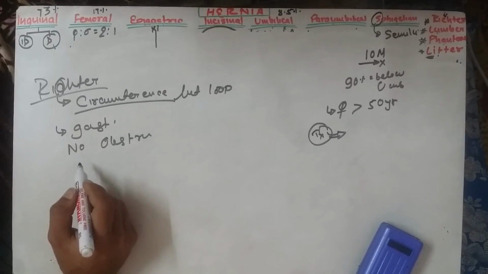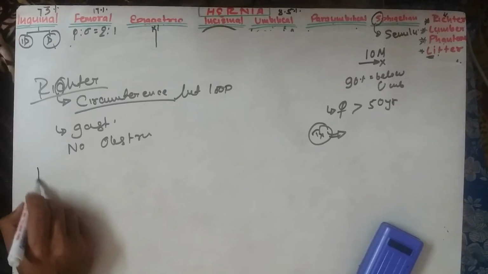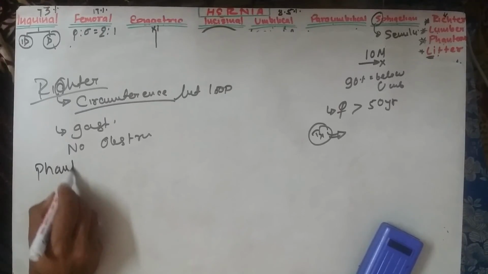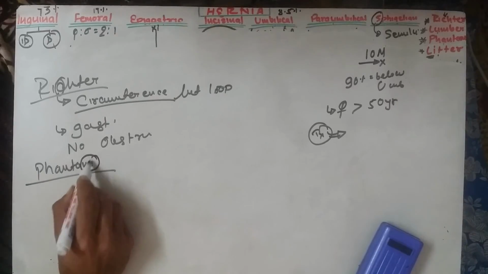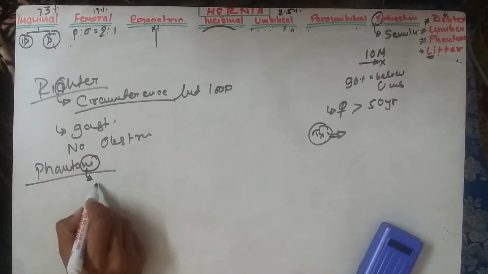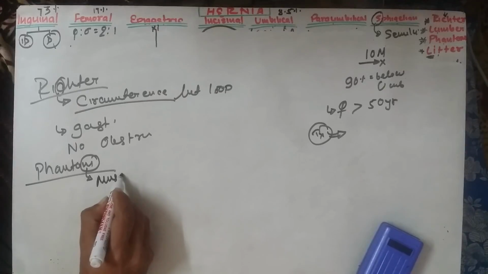Okay, and then the other was the Maydl type of hernia. Maydl can be remembered as this M is for muscle defect, and the muscle defect causes muscle bulging.